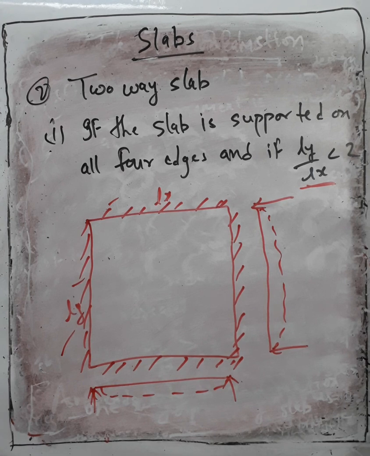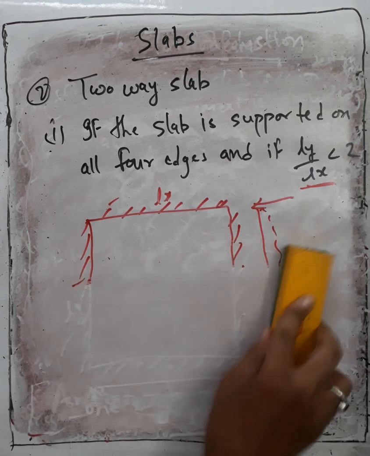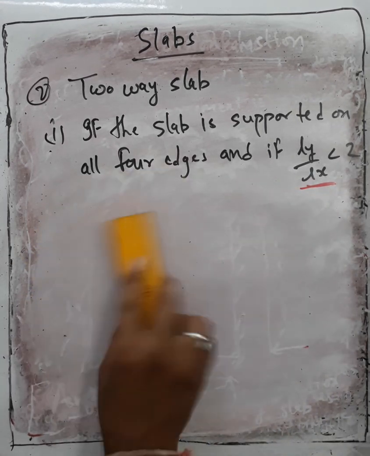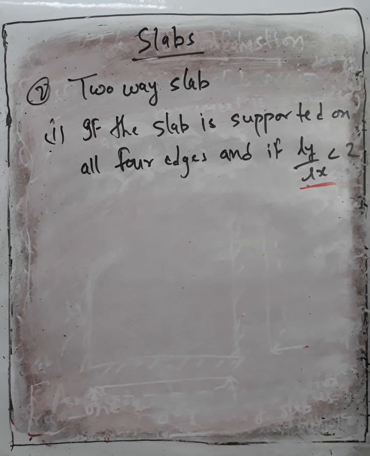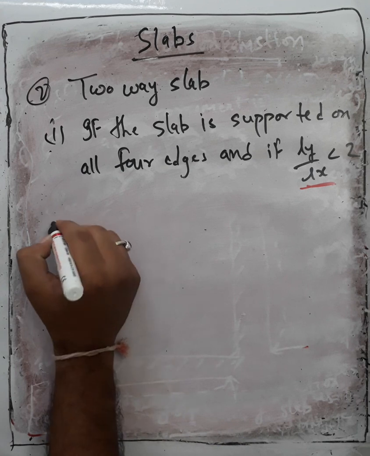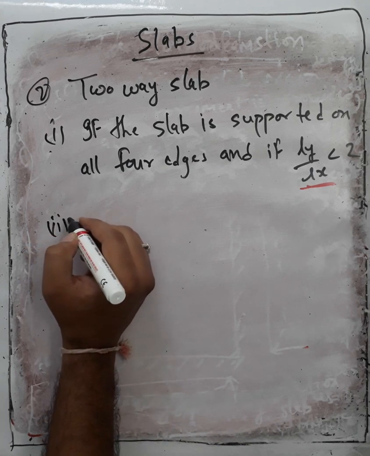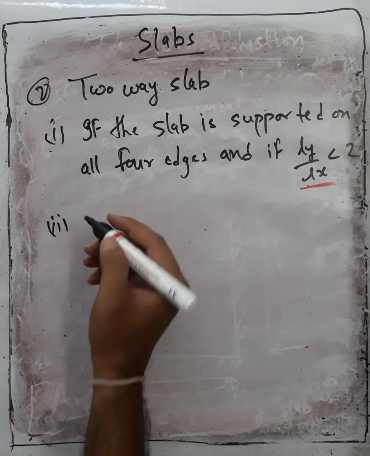You have to find it with the help of the aspect ratio. If you get aspect ratio Ly by Lx less than 2, then it is a two-way slab, otherwise it is a one-way slab. Okay. Now the second point, tendency of slab.